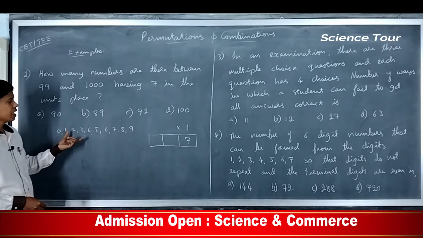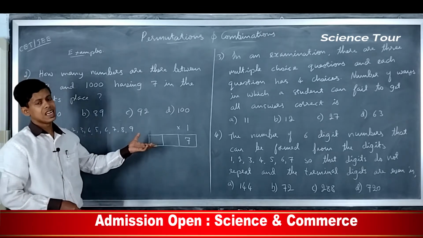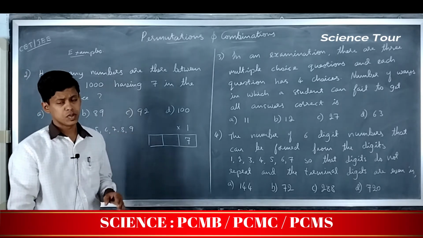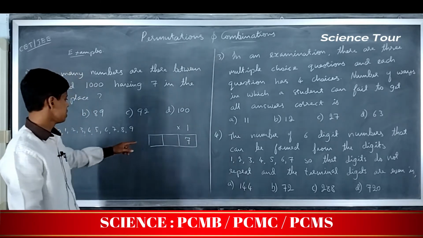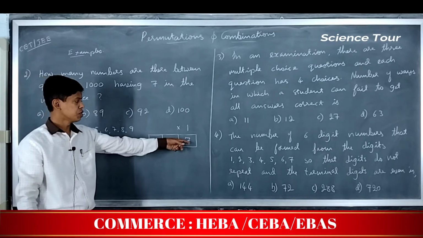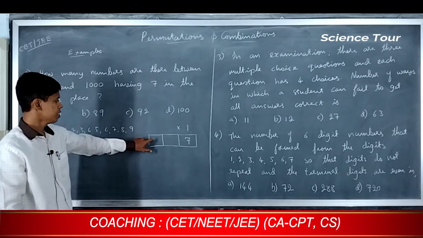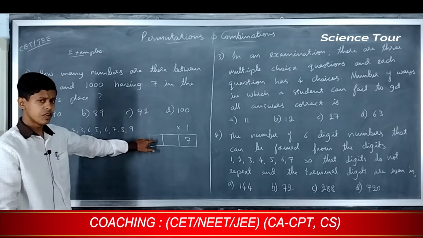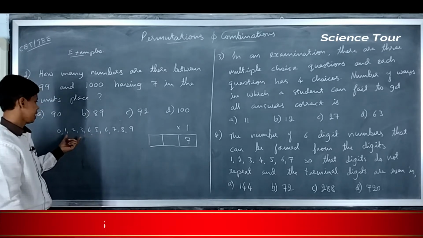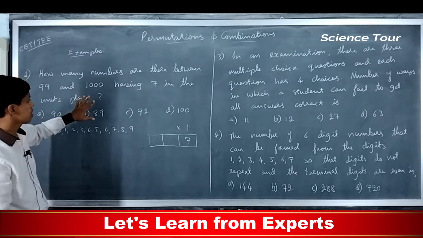Out of these 10 digits you have to select the numbers here and make different 3-digit numbers, and the units place must be 7, correct? But this place can be filled in by any one of these 10 digits, all right.